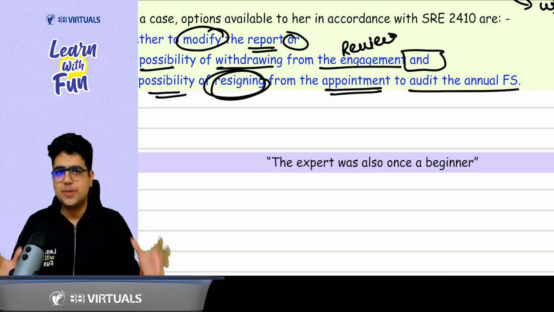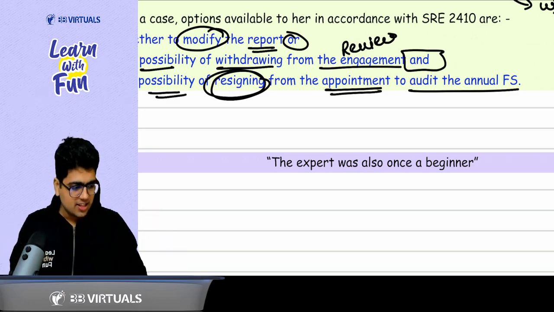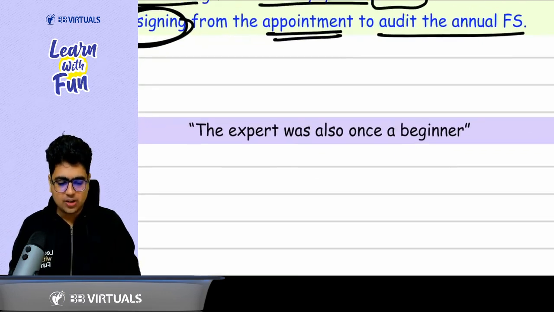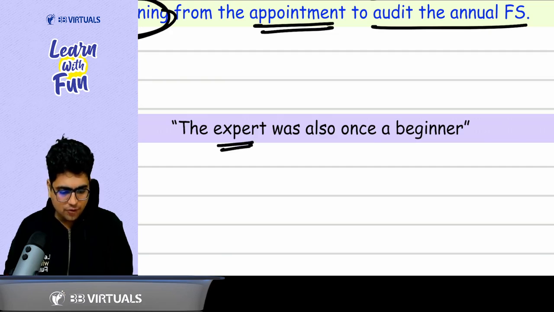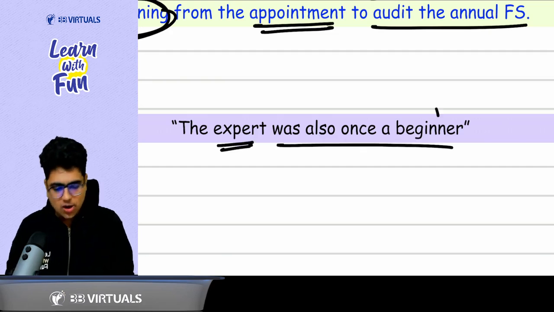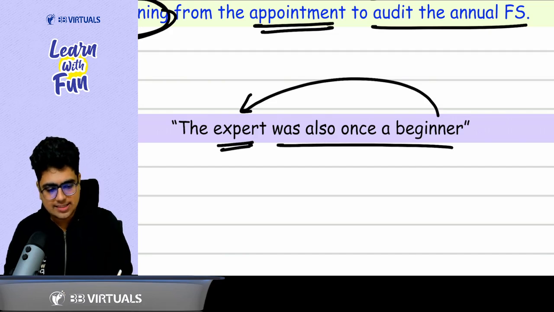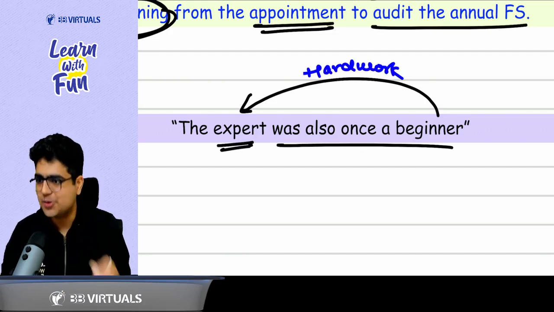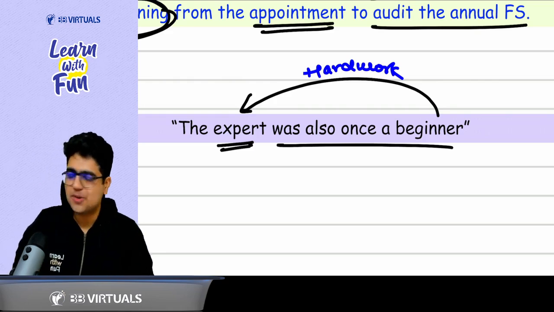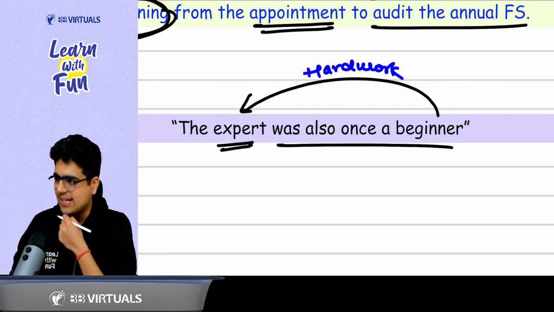Other things just need to be understood, which we have done very well. So always remember, before you fear about starting something, the expert was also once a beginner. How does a beginner turn into an expert? The simple answer is hard work, which you people are doing for yourself. So thanks a lot, everyone.